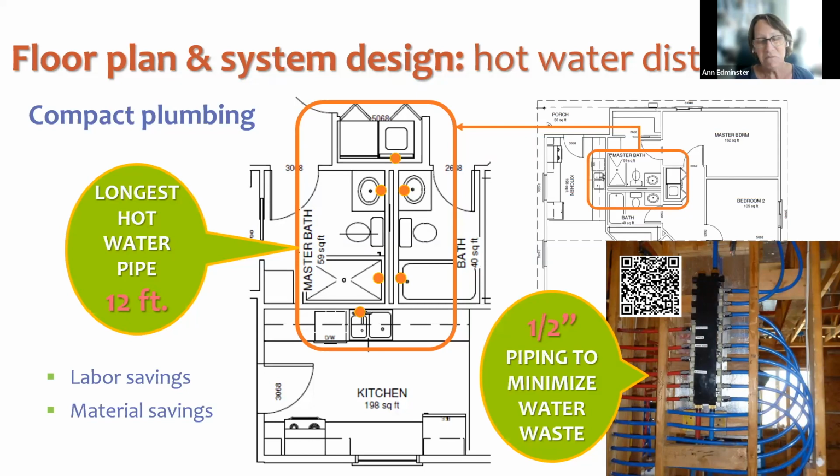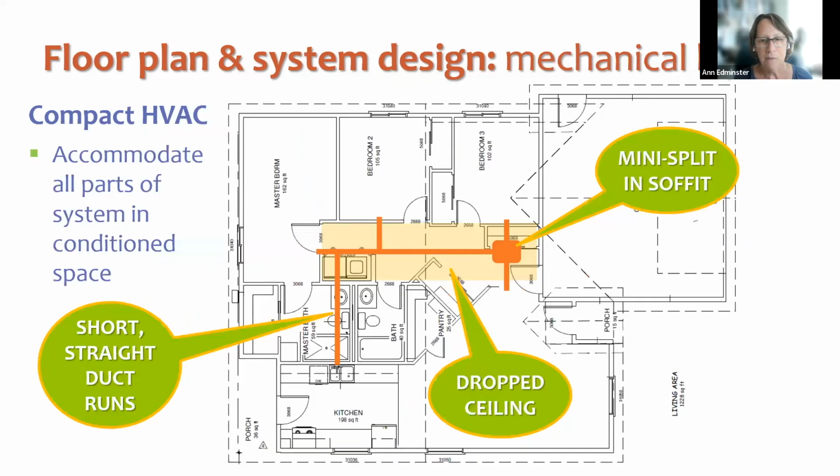They had virtually zero loss in heat from the water heater to all of the fixtures. So this obviously is not going to be realistic for most custom residential, but it shows what can be achieved through design when this is a focus.